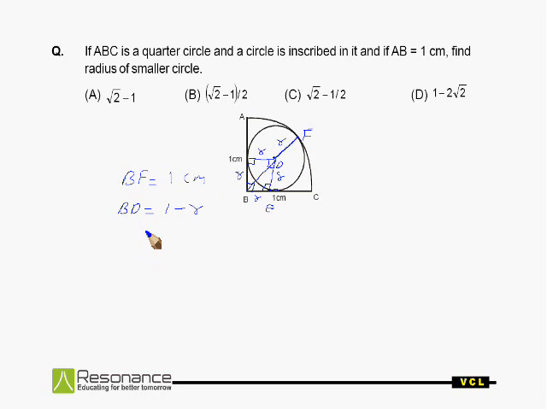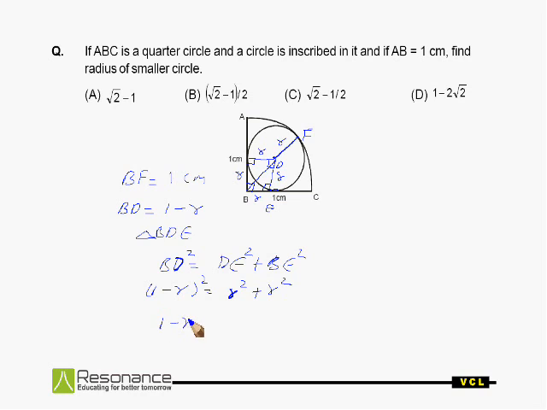So by applying the Pythagoras theorem in triangle BDE, BD square is equal to DE square plus BE square. BD means (1 minus r) the whole square is equal to DE square, that is r square, plus BE square, that is r square.